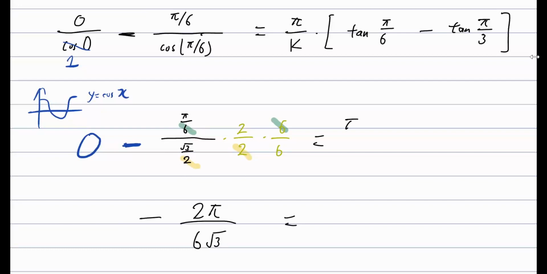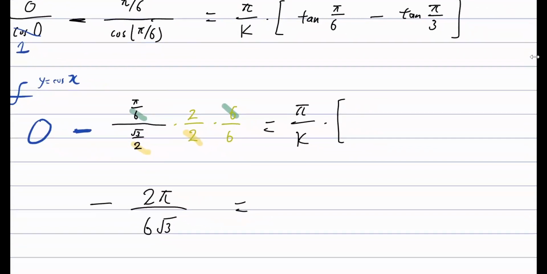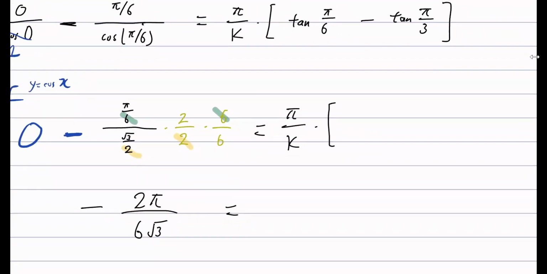Moving on. Pi over k multiplied by, what's tangent pi over 6? You want to draw a triangle again? Come on, I teach you calculator trick. Okay, calculator trick. Step 1, type in this in the calculator. Then put a pair of bracket, square. Okay.